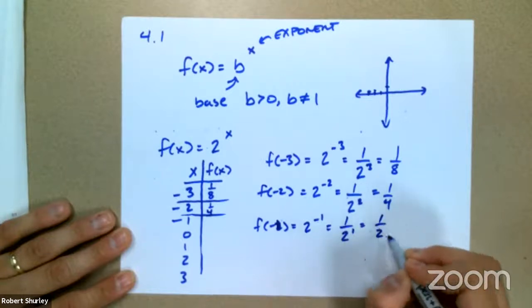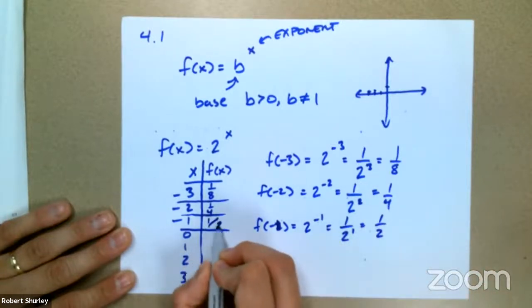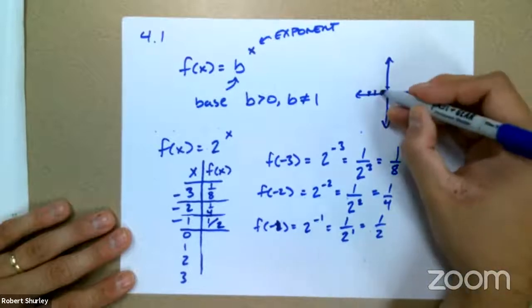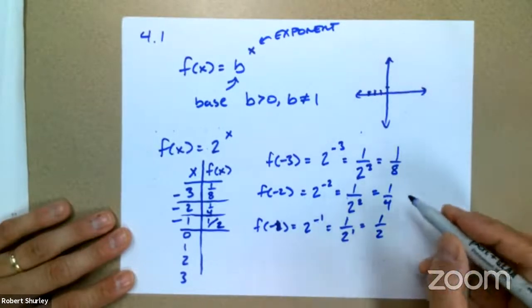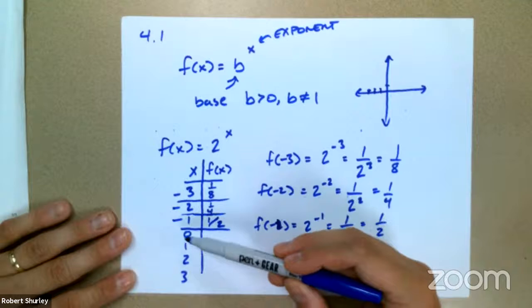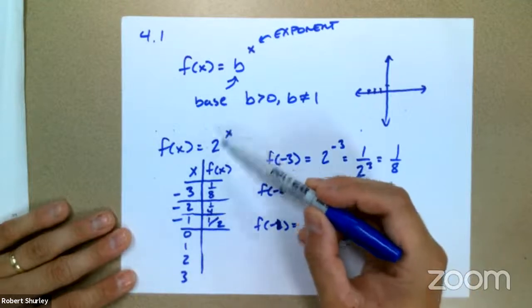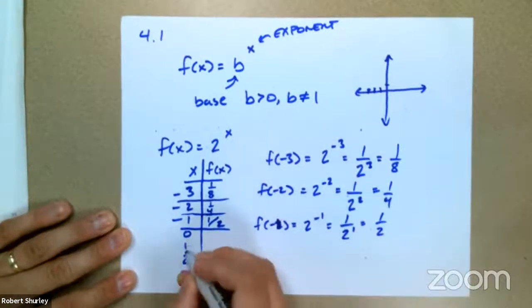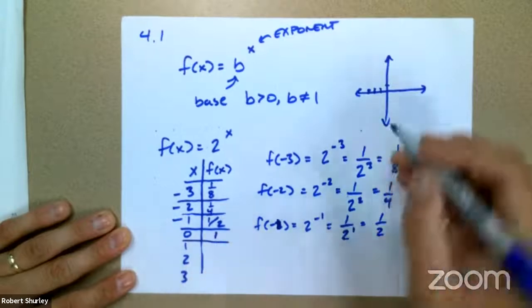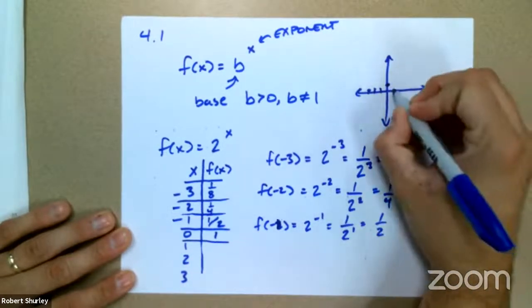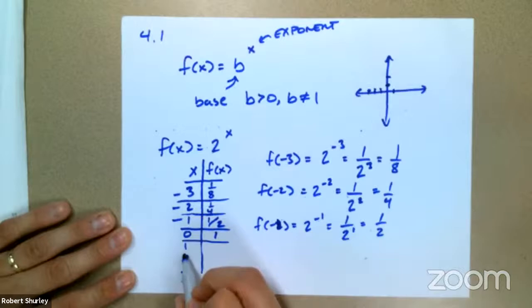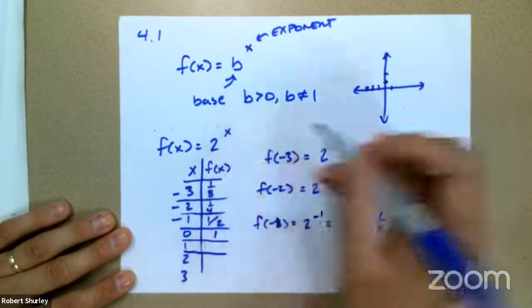I'm going to write it like that just so it fits. So at -1, we're at 1/2. Now these get easier. If I plug 0 into an exponent, remember anything raised to the 0, doesn't matter what the base is, comes back 1. If I plug 1 in, 2 to the 1 is just 2.